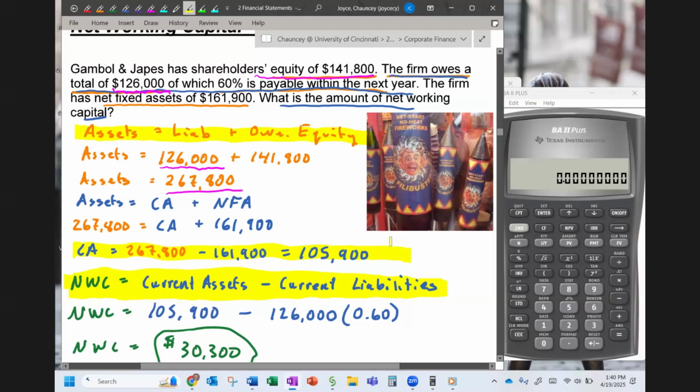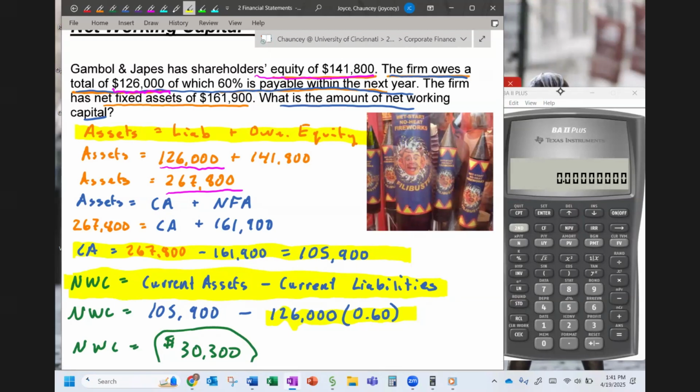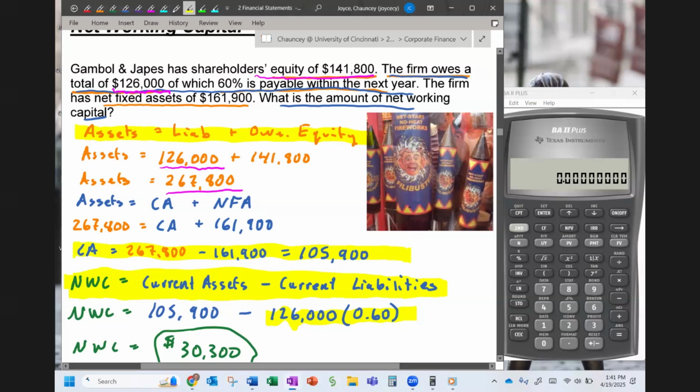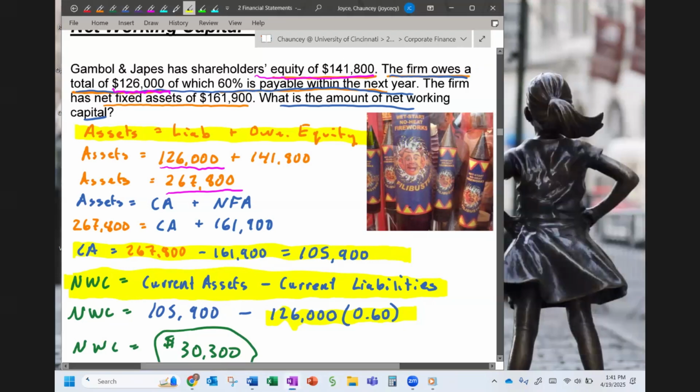So 60% of that number is current. I'm just going to take 126,000 and multiply that by 60%. So we have 126,000 times 60%, and our total net working capital will come out to $30,300.